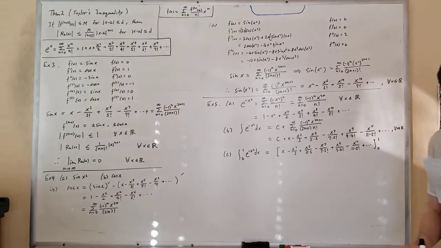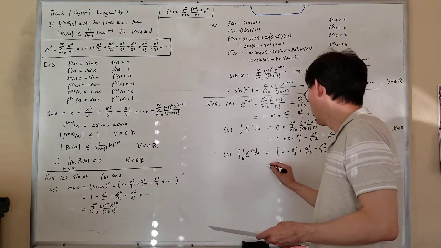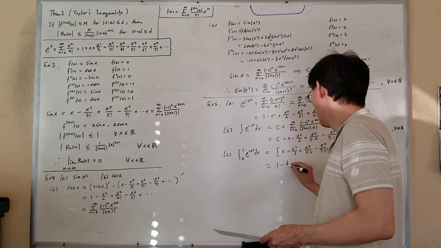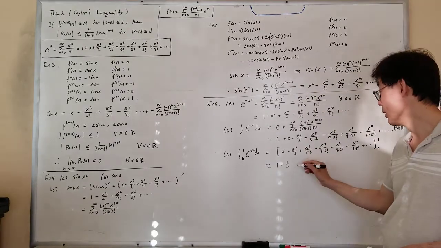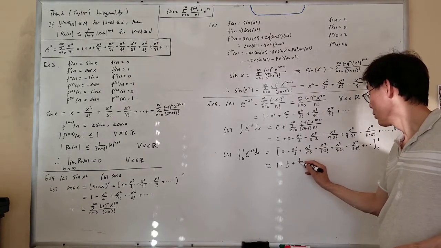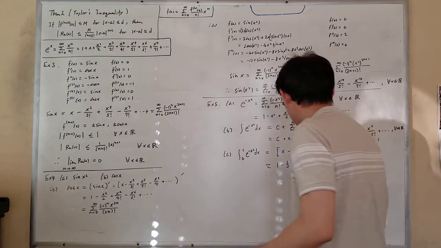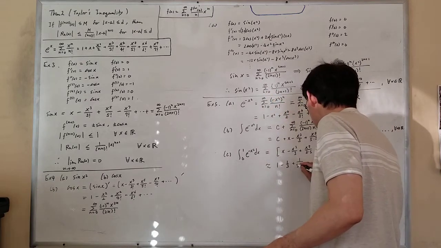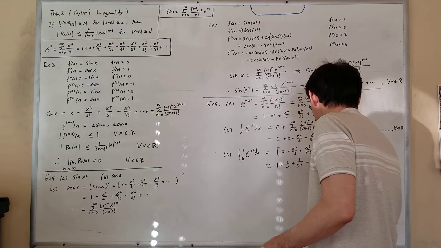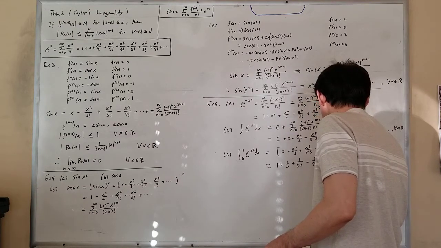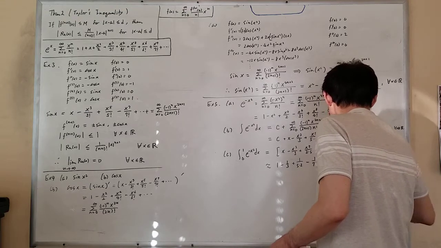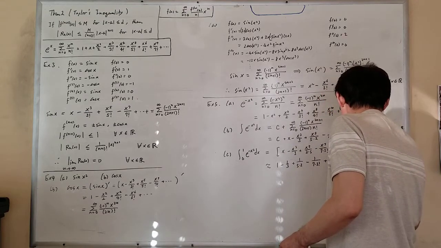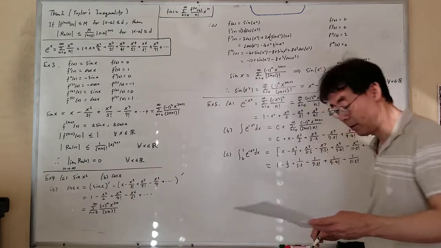So it's going to be 1 minus, the x equals 1, so all the x will be replaced by 1. 1 over 3, plus 1 over 5 times 2, minus 1 over 7 times 3 factorial, plus 1 over 11 times 5 factorial.